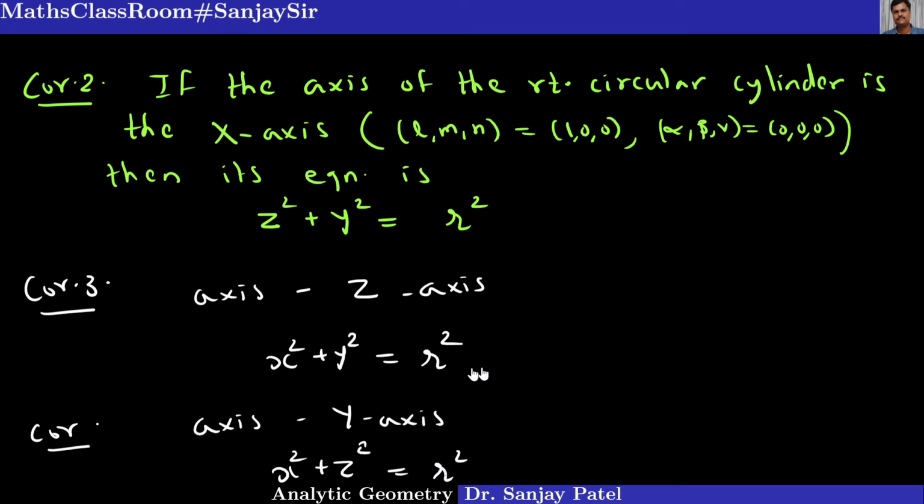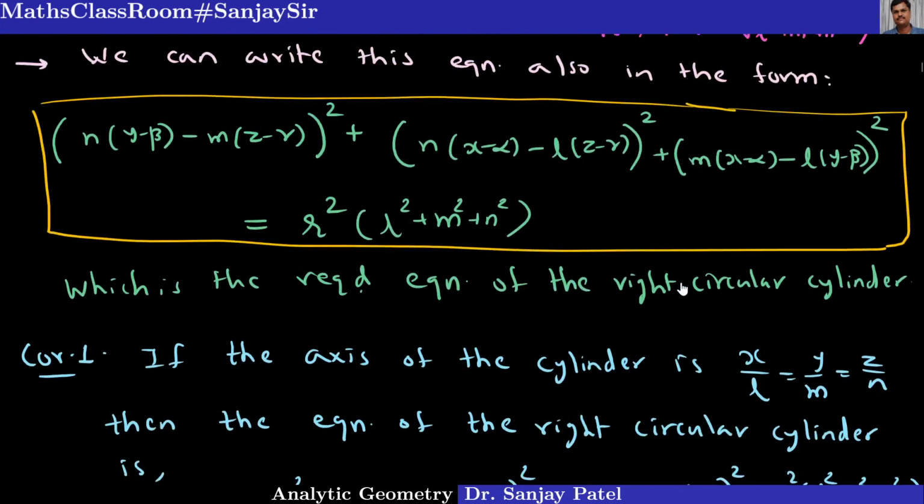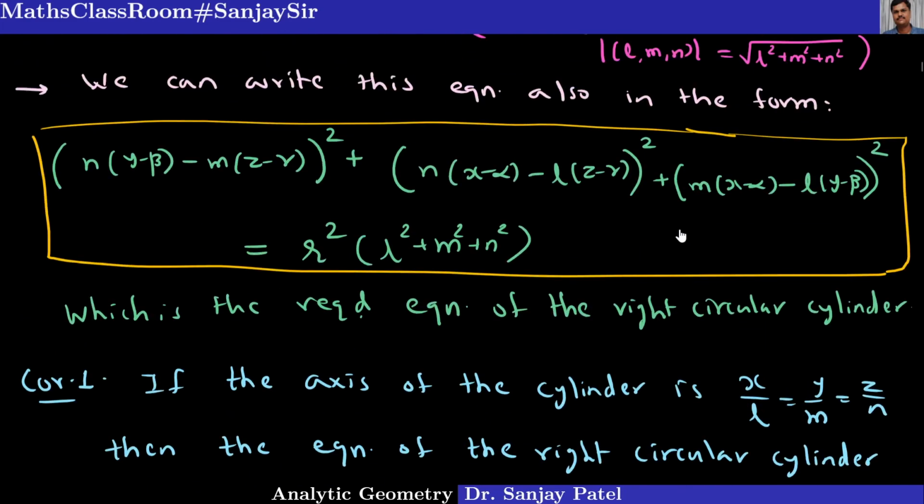Here z is not present in this equation, meaning it is arbitrary. Here y is not present in this equation, meaning it is arbitrary. So this way we can have some special cases of this general equation of the right circular cylinder.